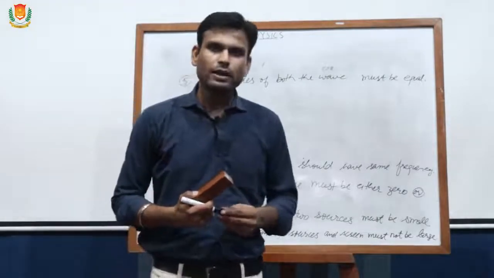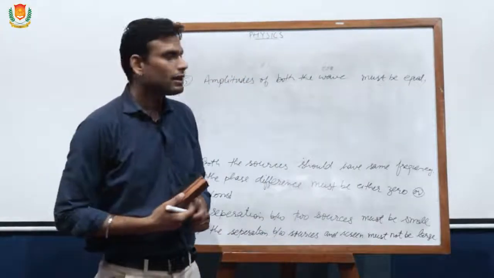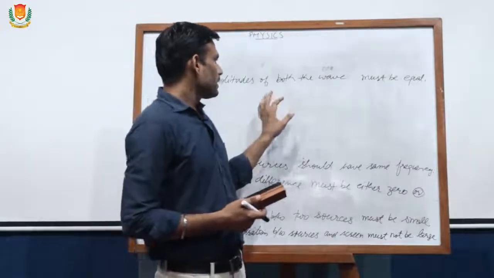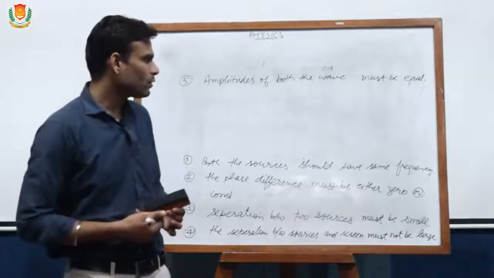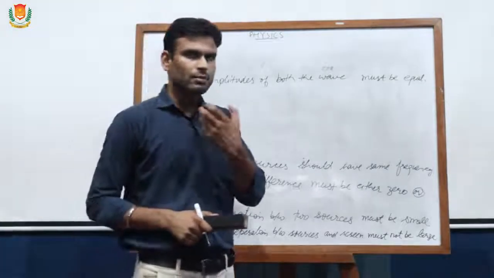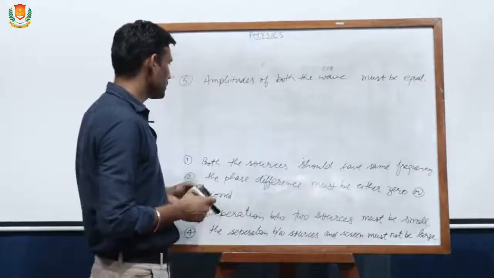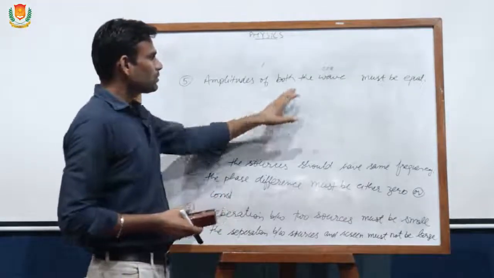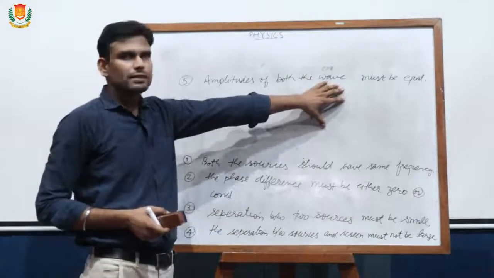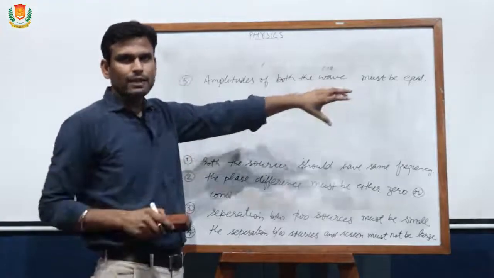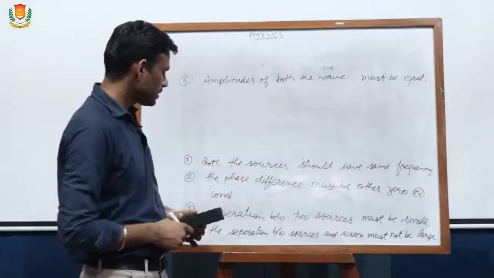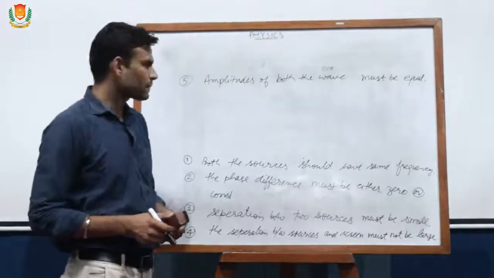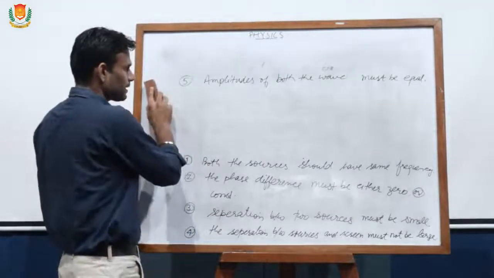When we do not have complete darkness at the minima, the maxima will not be sharp enough. It will not be as bright as it should be. So the amplitudes of both the waves must be equal. Then maxima will be of maximum intensity and minima will be of zero intensity. So these are some points which we should consider for a good interference pattern.